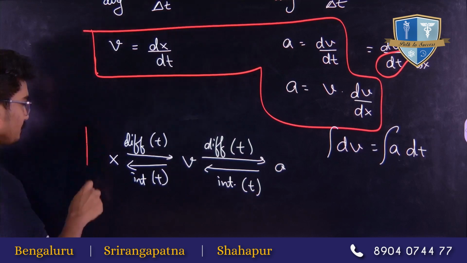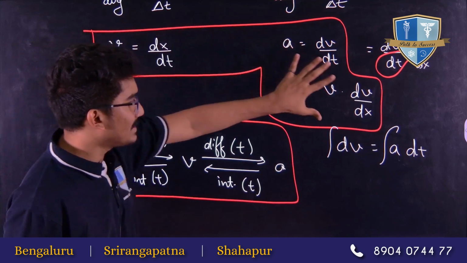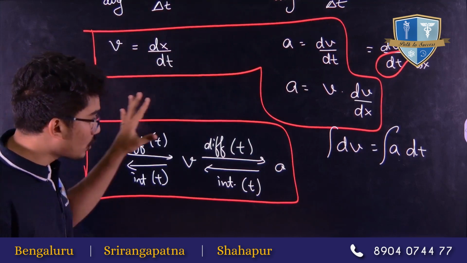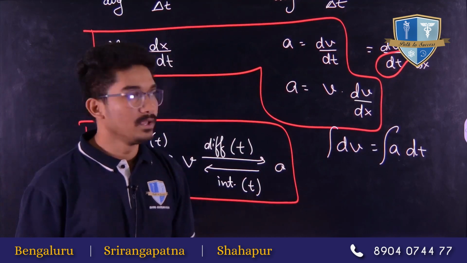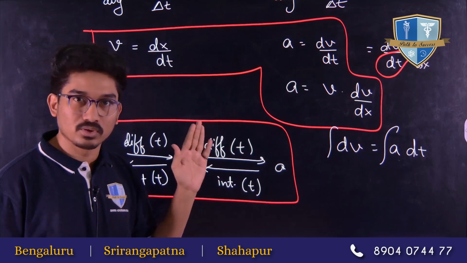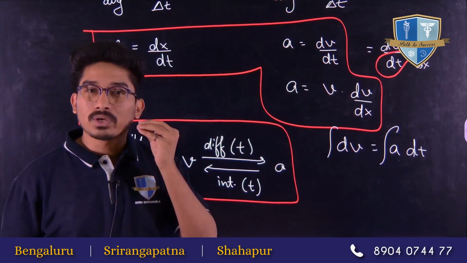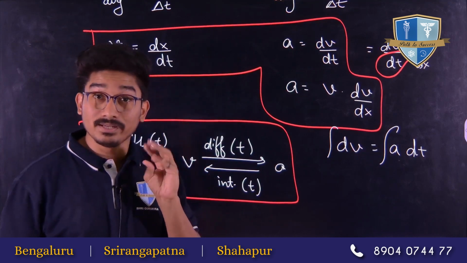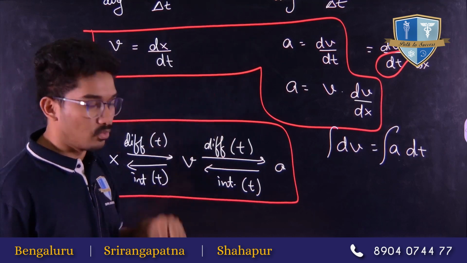So this is the concept that we require to use with these formulas to solve each and every question. If you don't know any formula after this, but you know these two things, I guarantee you can solve each and every question of motion in a straight line, because all those formulas have been derived from these two concepts only.